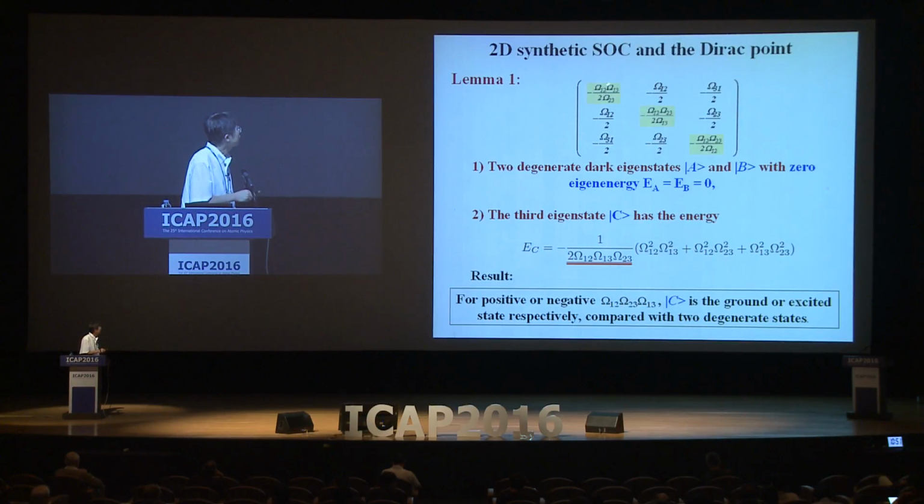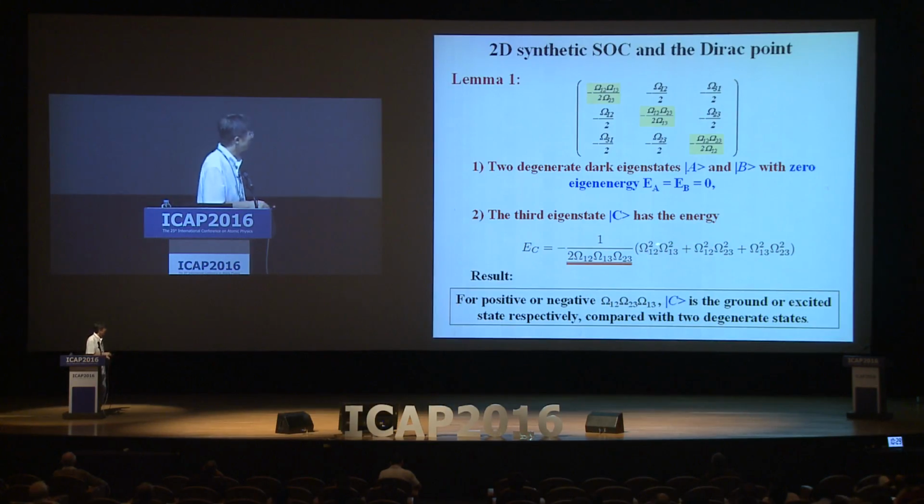However, this diagonal term is a special selection which depends on the Raman coupling phase. We can see there are 2 degenerate dark eigenstates with 0 eigenenergy. The third eigenstate has the energy of this form.